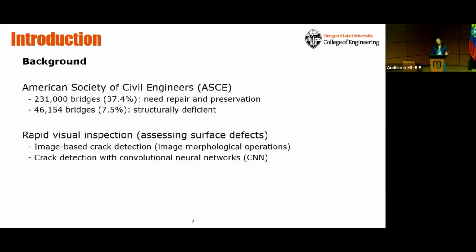Also, one of the other motivations for us to do this research is that in the Pacific Northwest of the United States, we're in an earthquake zone. We have the Cascadia subduction zone.